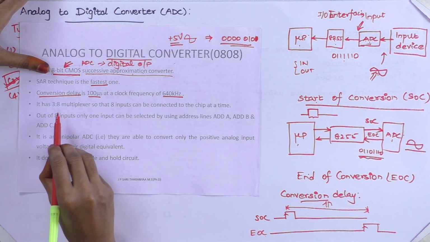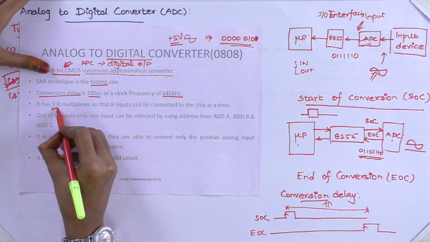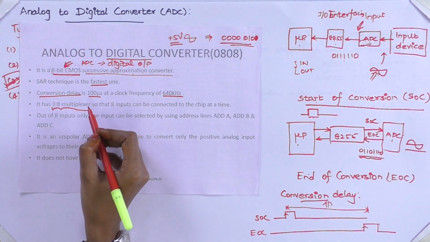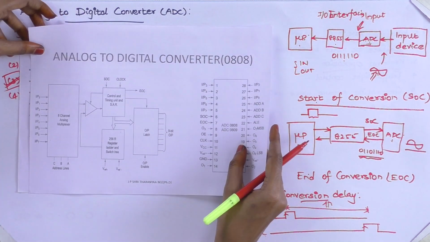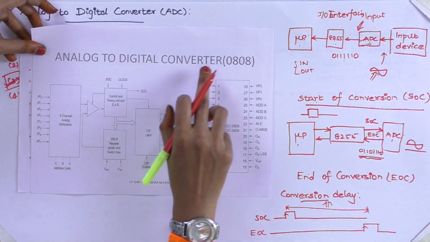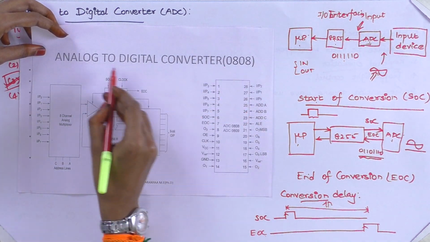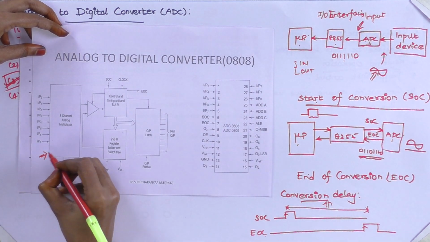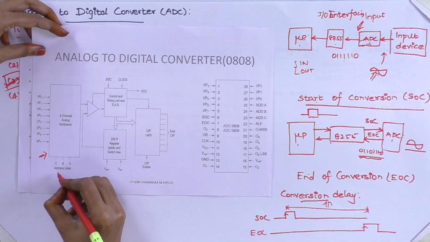Fine. So the next important thing is it has a 3:8 multiplexer. If you look at the block diagram of the analog to digital converter, you have a multiplexer which is 3:8.